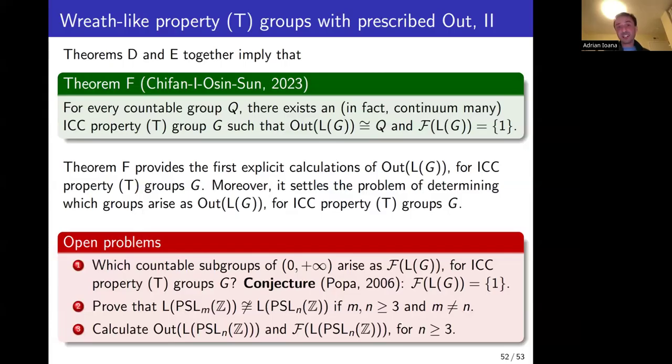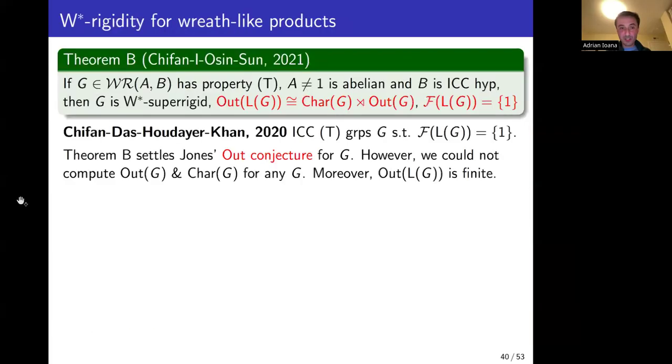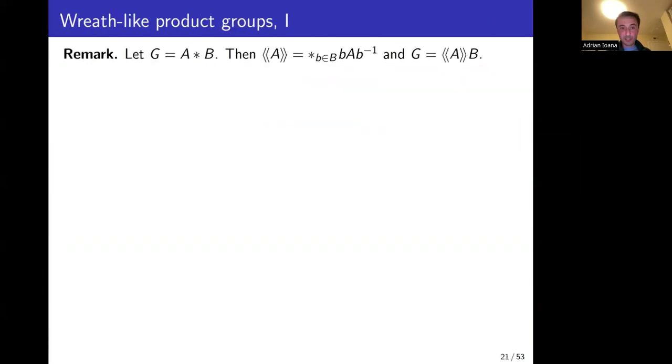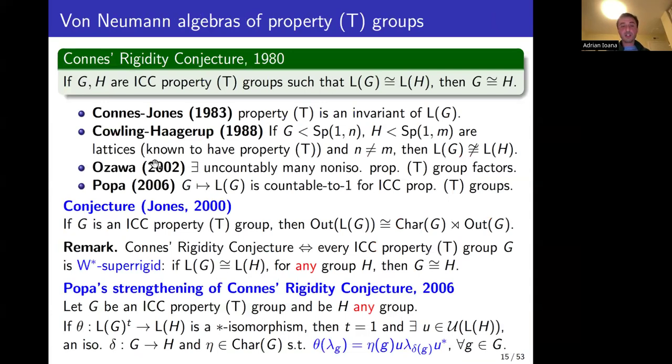So it's hard to know if this should be true in general. However, I should say there's no counterexample to any of these conjectures. So if I go back to the conjectures, the motivating conjecture that I mentioned early on, they're all open as stated. It's not like we know an example of two property T groups that give you isomorphic von Neumann algebras, but the groups are non-isomorphic. So these are all wide open.